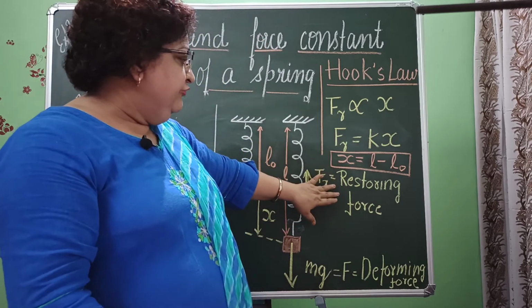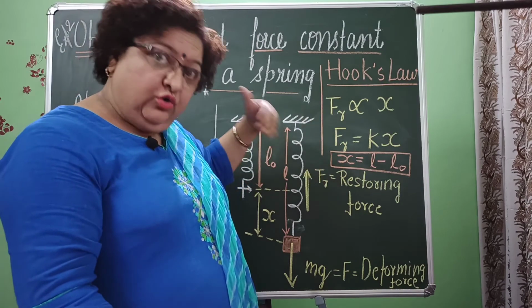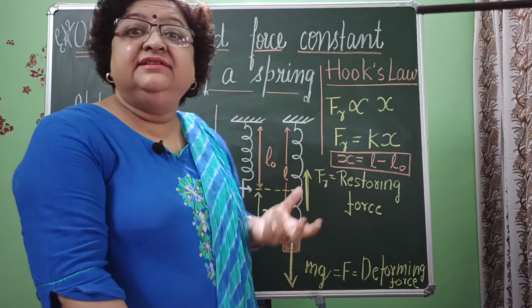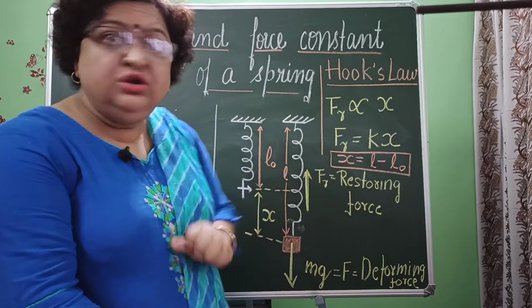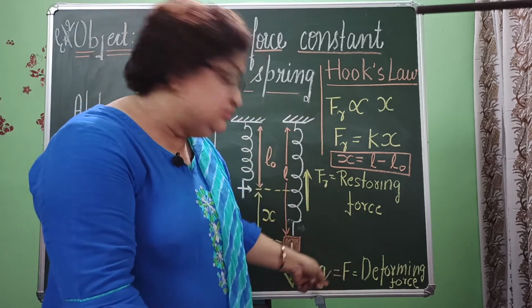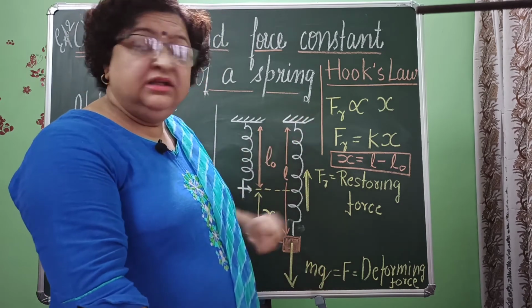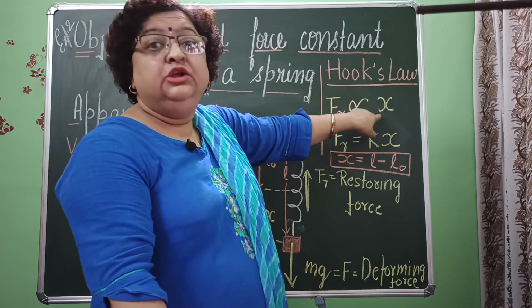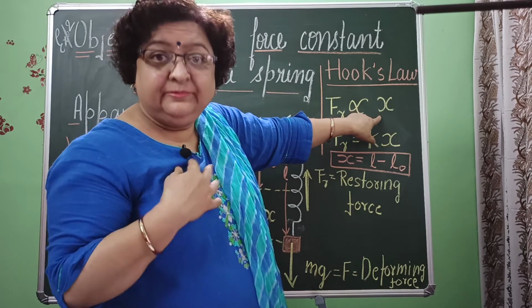So restoring force is actually, Hooke's law gives us a very specific characteristic of this force called restoring force. Hooke's law says that this is not a constant force like the force of gravity. It's a variable force. This restoring force is directly proportional to the extension, elongation of the spring.